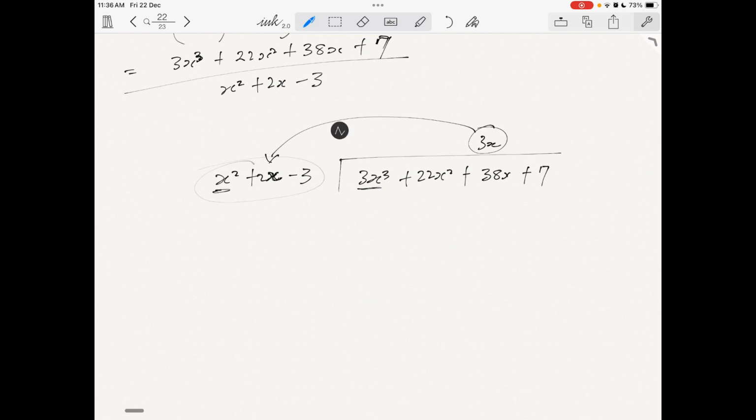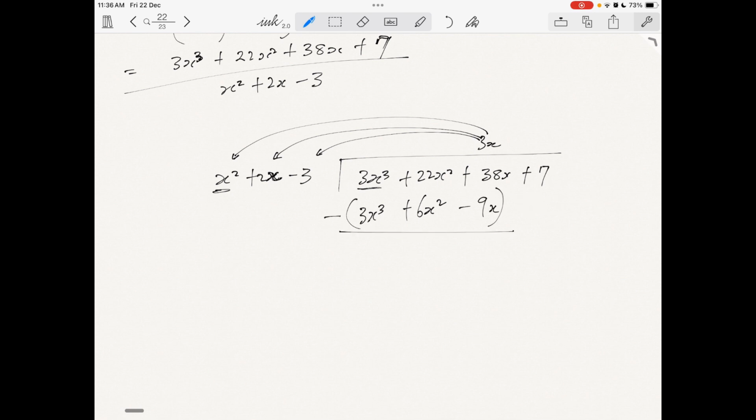So 3x multiplied by x squared gives 3x cubed. The next one is 3x multiplied by 2x, which gives 6x squared. And the last one, 3x multiplied by minus 3, will give us minus 9x. Okay, after that is done, we subtract.